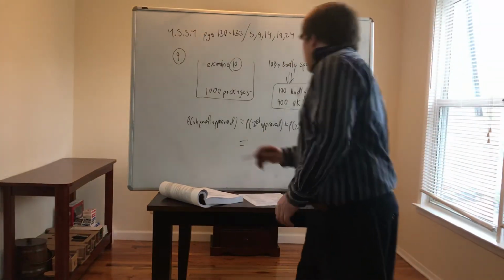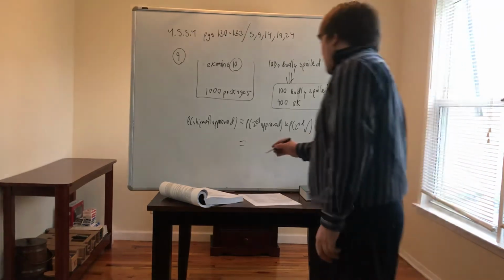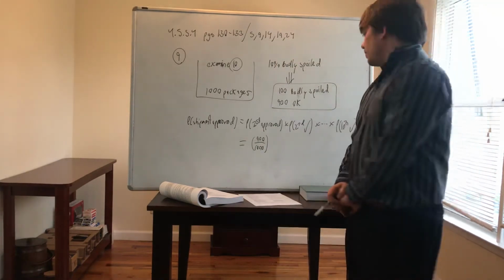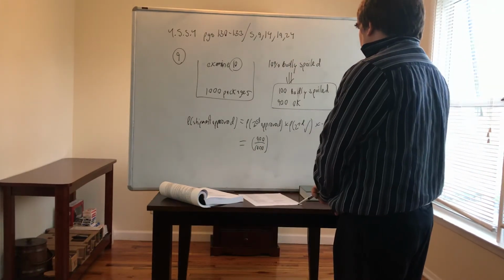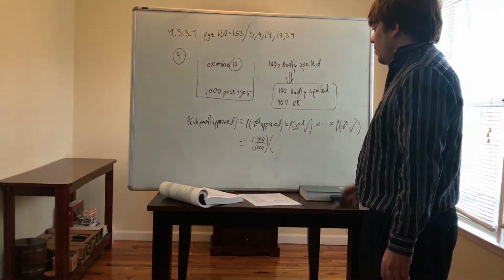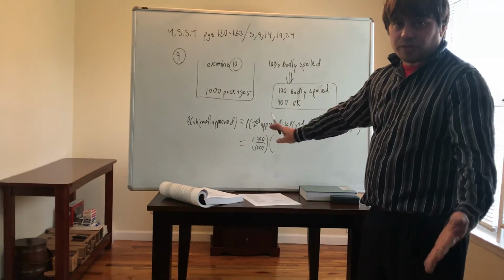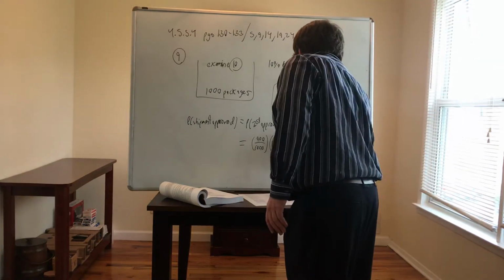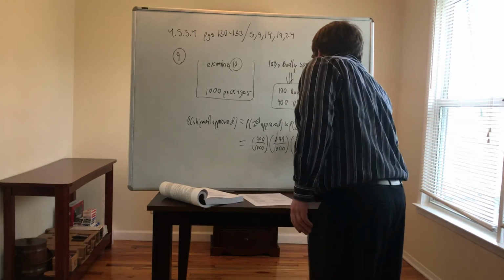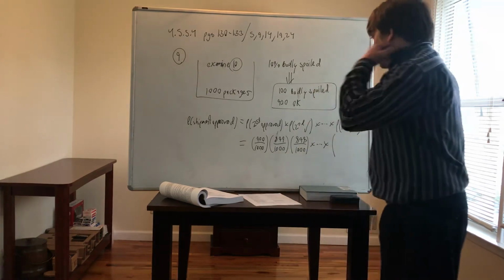The probability the first is approved is just 900 out of 1,000 that are good. If that one was approved, then 1 of the 900 is no longer able to be considered, so it's 899 over 1,000, then 898 over 1,000, and so on.